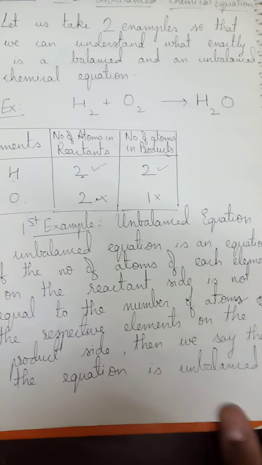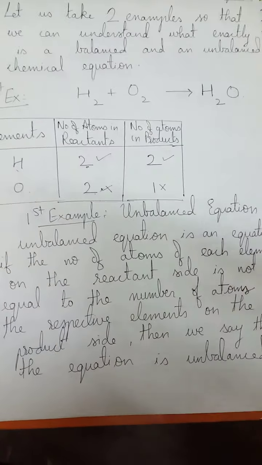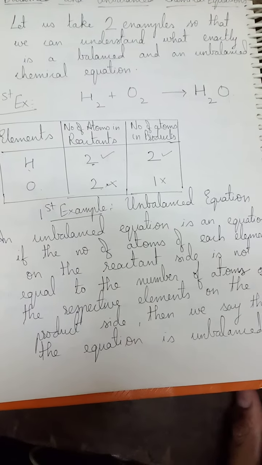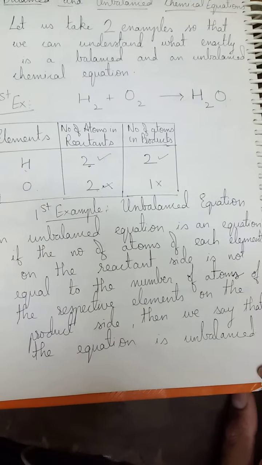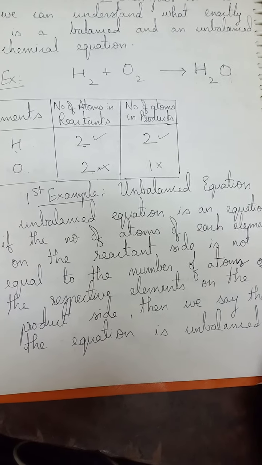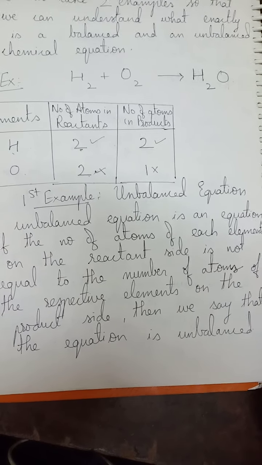In the first example, this is an unbalanced equation. You know why? Because an unbalanced equation is an equation where the number of atoms of each element on the reactant side is not equal to the number of atoms of the respective elements on the product side. Then we say the equation is unbalanced.